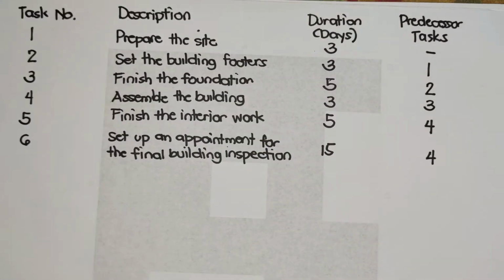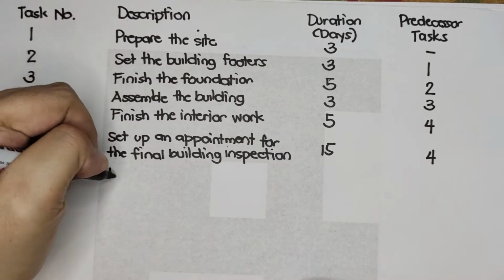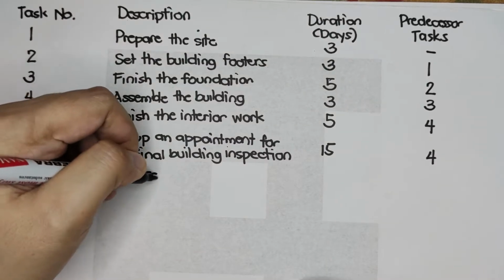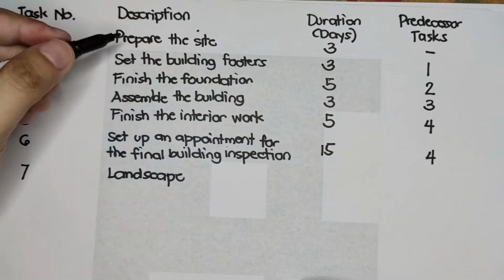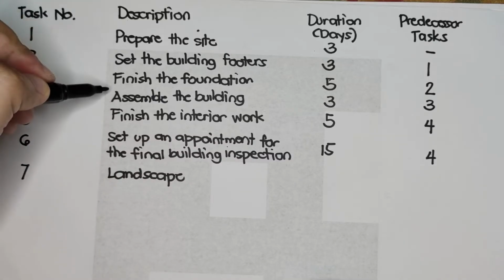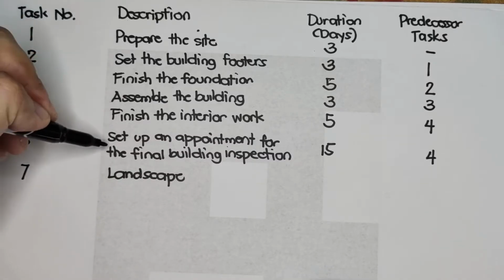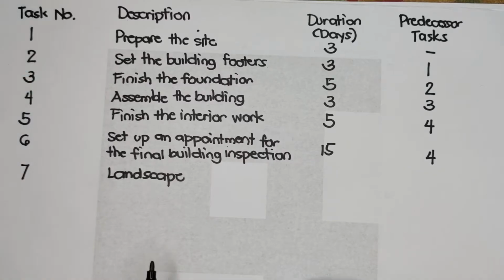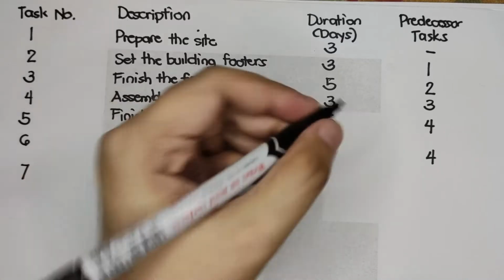So task number 7, though in the text it is landscaping, let's put landscape. As you could see for the description, the format of the verb is prepare, set, finish, assemble, finish, set up, landscape without the ing. So, let's make it uniform for all of the verbs. So, landscape takes 7 days.